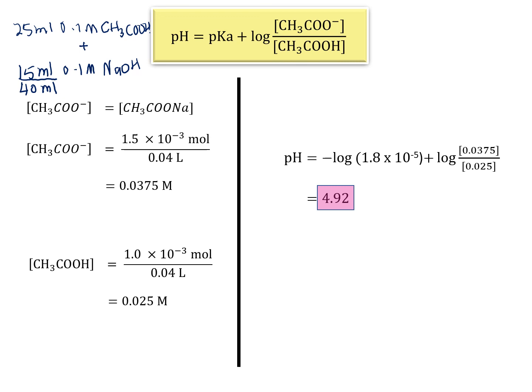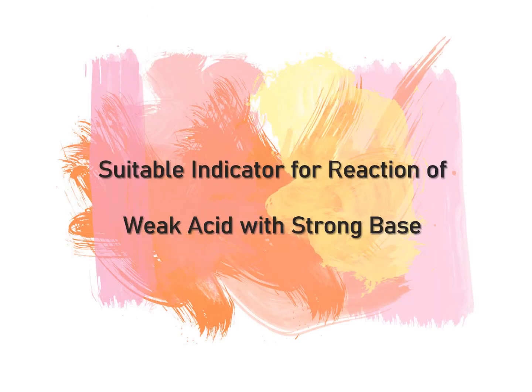Okay, so next part. The suitable indicator for reaction of weak acid and strong base. Okay, so ingat balik, weak acid, strong base. Untuk tentukan suitable indicator, the pH range of the indicator mestilah dalam pH range of the pH jump of the reaction.